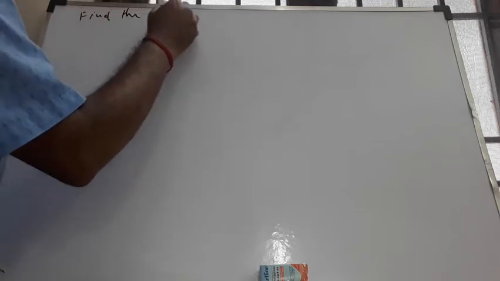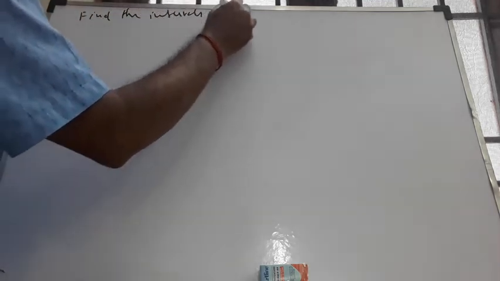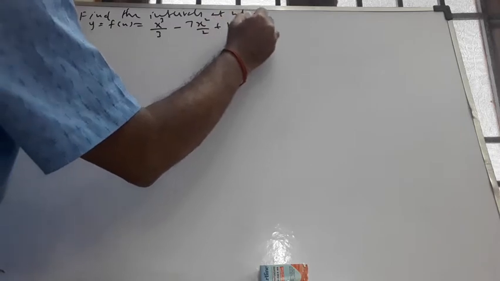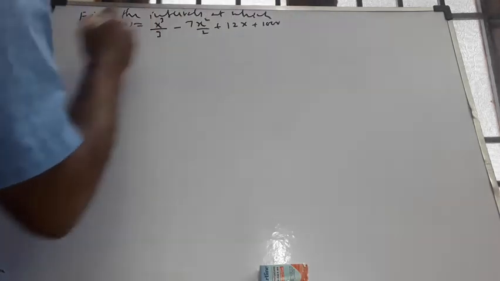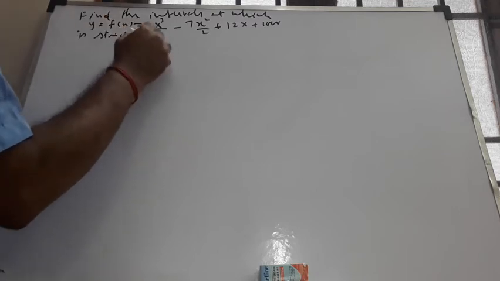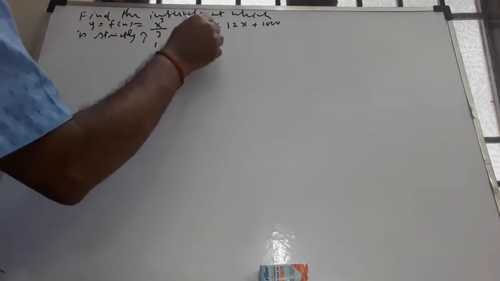Today, we are going to do some more problems on increasing decreasing functions. The first problem which I am going to choose is: find the intervals at which y is equal to f of x is equal to x cube by 3 minus 7x square by 2 plus 12x plus 1000 is strictly increasing, strictly decreasing.